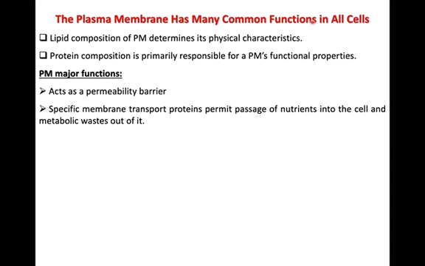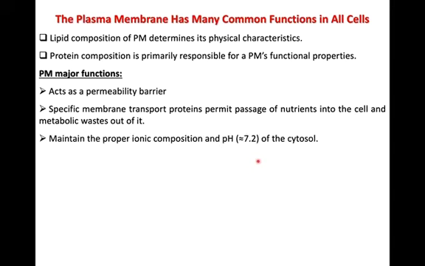Specific membrane transport proteins permit the passage of nutrients into the cells and metabolic waste outside. It maintains the proper ionic composition and the pH of the cytosol, which is around 7.2.